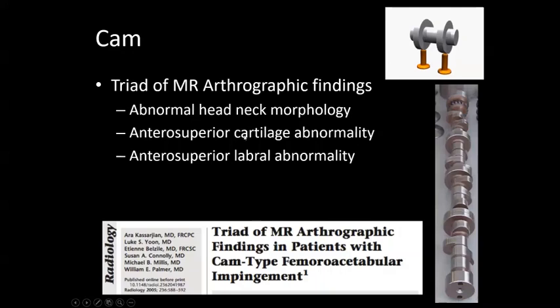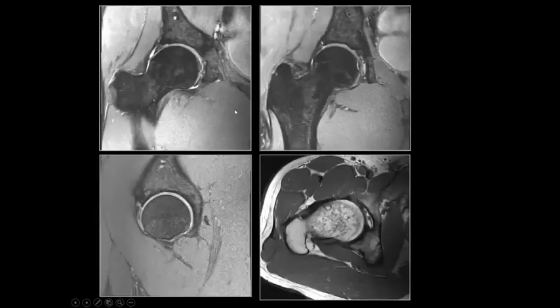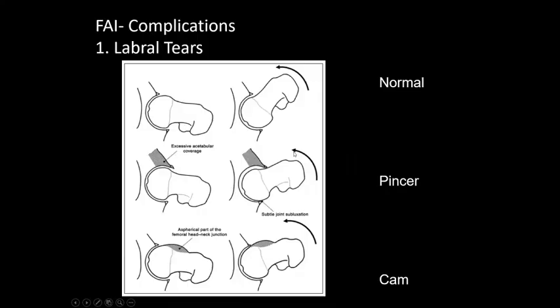So the bony bump with the cartilage changes and the labral changes is called the triad of cam deformity. So here we have a patient with cam deformity. We have a herniation pit here at the femoral head neck junction. We see a labral tear, and we see some signal change in the cartilage as well. So this is the triad of cam deformity.